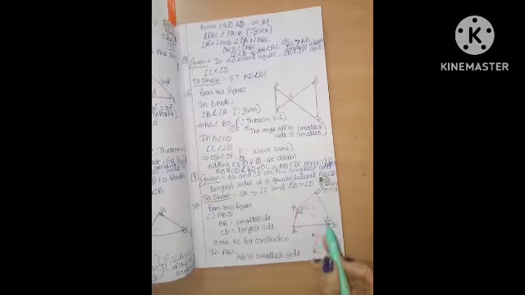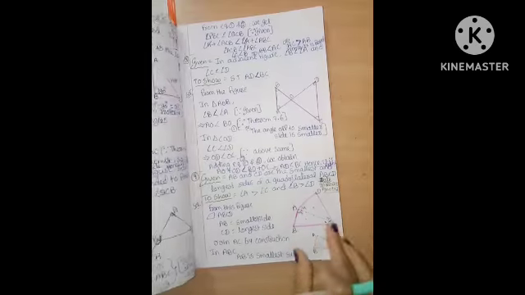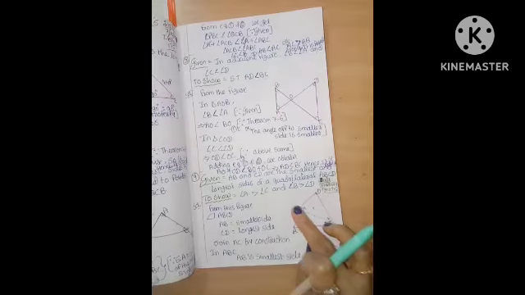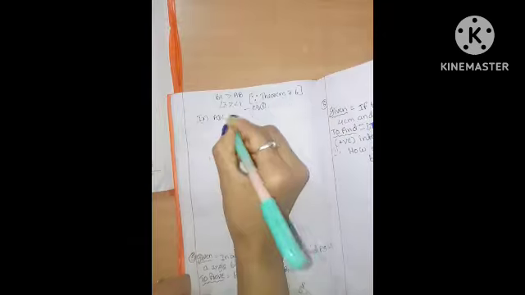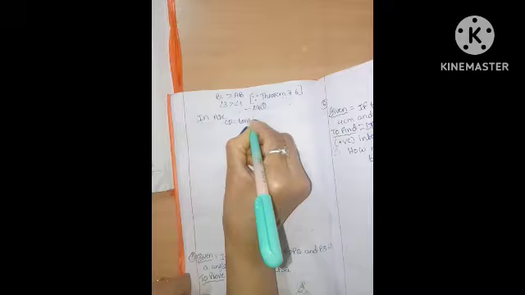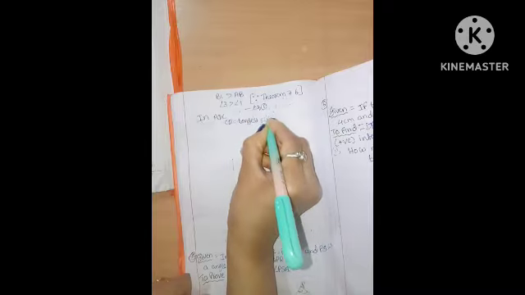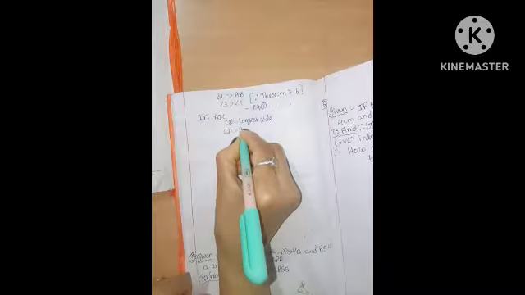So separately we can try here, otherwise directly from this same figure we can write it. CD is greater than AD, because CD is the longest side given. Are you clear? CD is greater than AD.